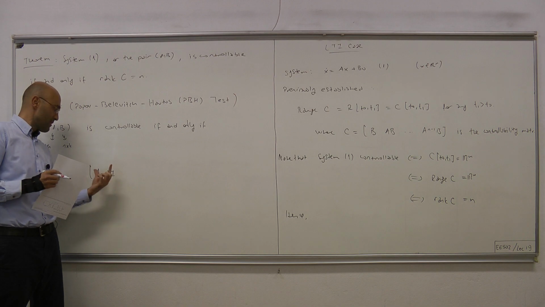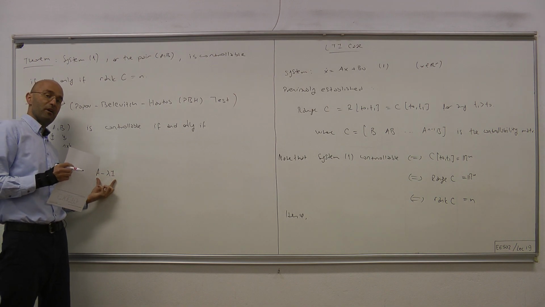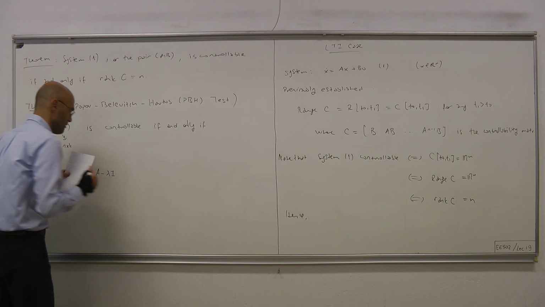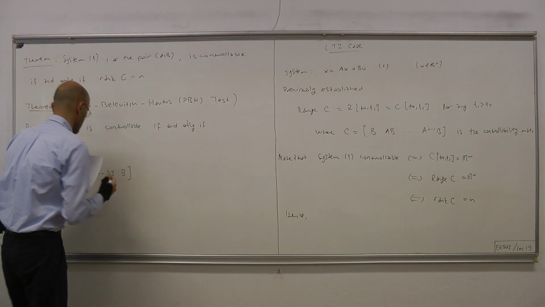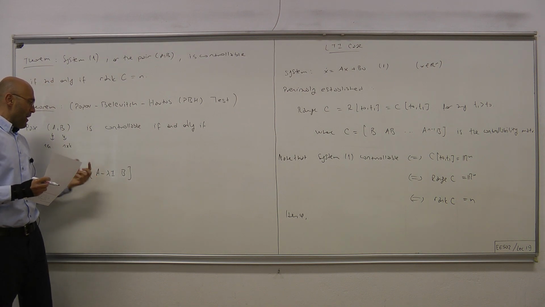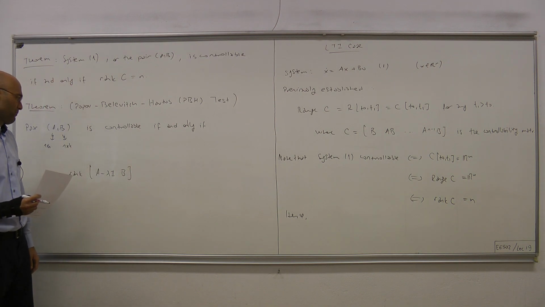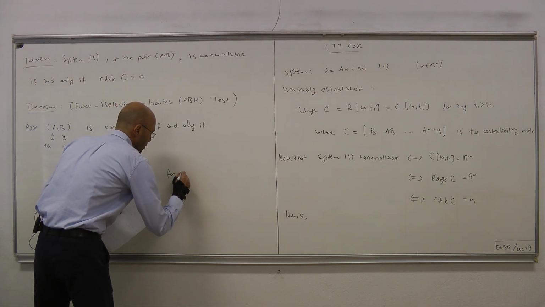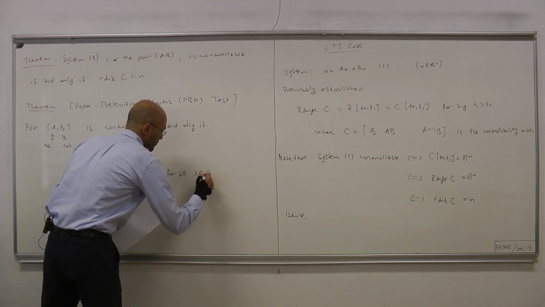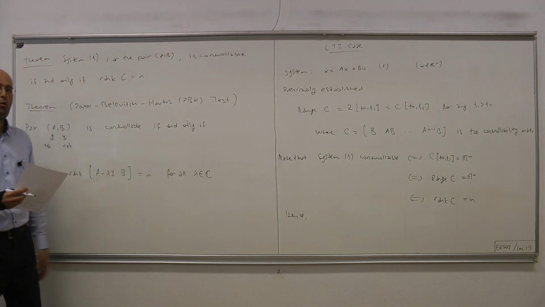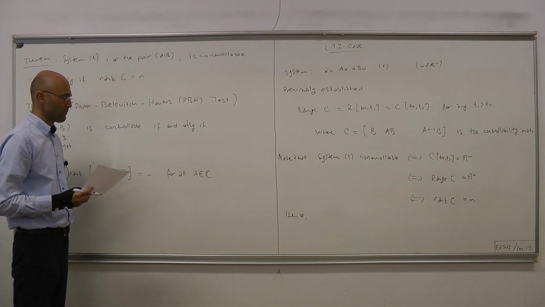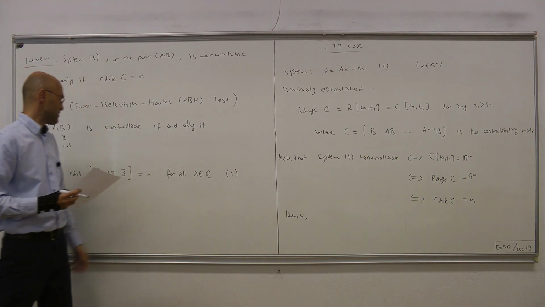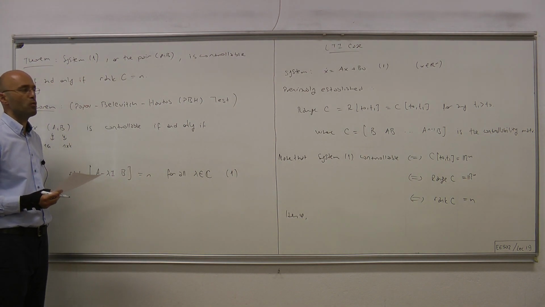The first n columns come from the matrix A minus lambda I, and the remaining k columns are the columns of B, so this is an n by n plus k matrix. Let's call this test or condition 1.